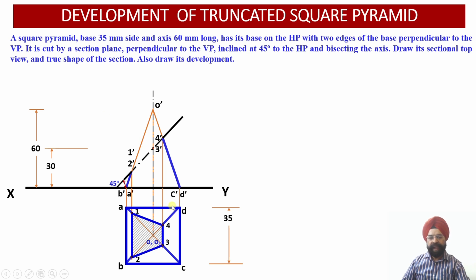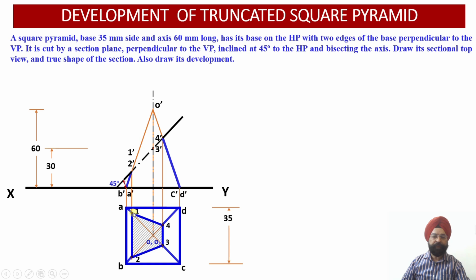But before that, I have joined the slant edges which are left with me after the cutting has taken place. So you see, these are the slant edges which have been joined dark after the cutting has taken place. These are the projections for the slant edges which are remaining with me.